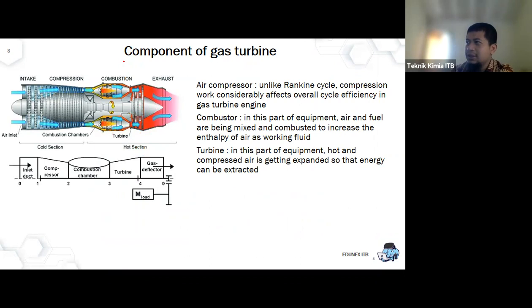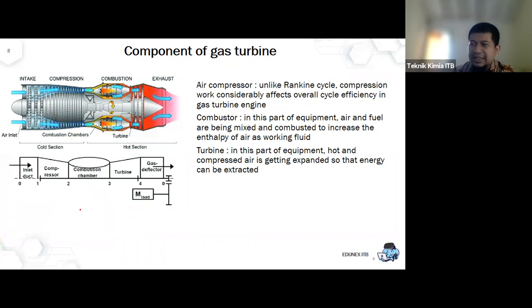So this is the component of a gas turbine. We have an air compressor, unlike the Rankine cycle. Compression work considerably affects overall cycle efficiency in a gas turbine engine. Yeah, because it is coaxial.